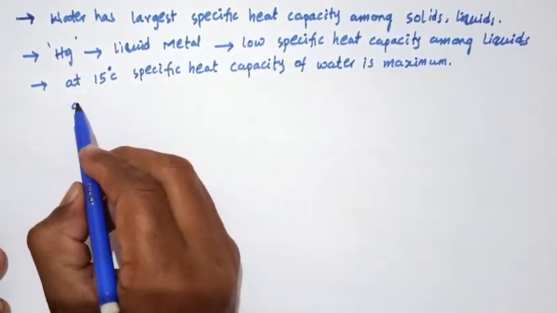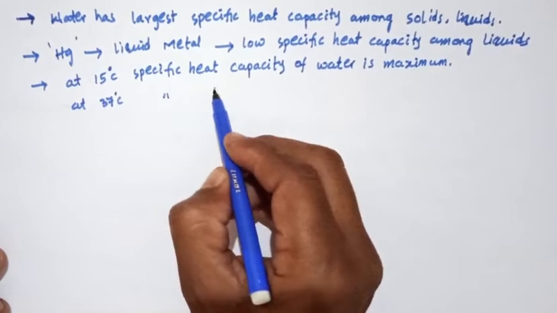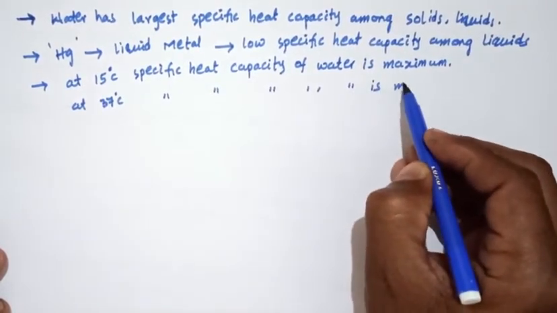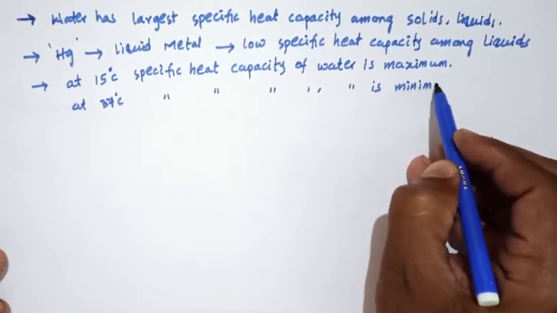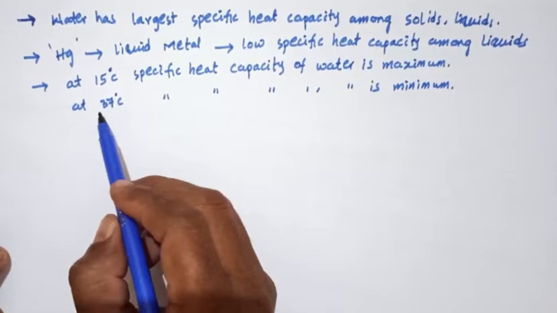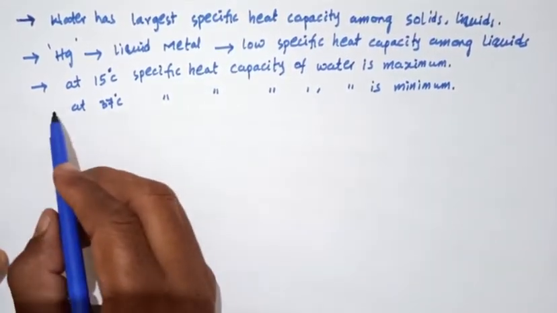At 37 degrees Celsius, it is minimum. As the temperature increases further, the specific heat capacity increases again.